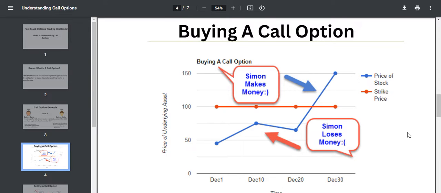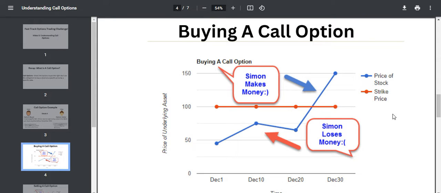At any time stock X rises above $100 per share, Simon can execute that option and force Chloe to sell stock X to him at $100 per share, in which case Simon makes a profit.